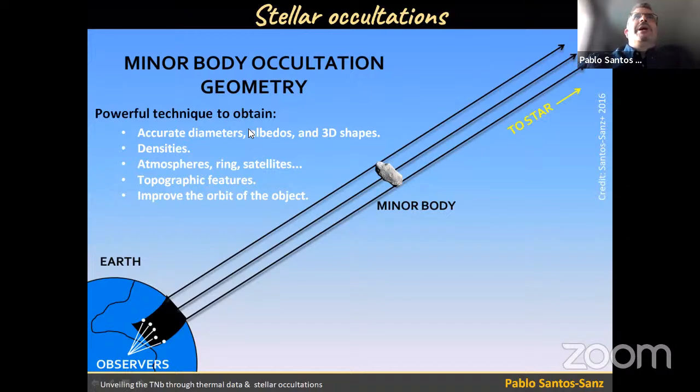But if we predict and observe it, we can see here the star, the body, and then observers on Earth in the shadow path. We can obtain very accurate diameters, albedos, and 3D shapes, also densities if we have the mass of the object. We can detect and characterize atmospheres, rings, satellites, also topographic features. We can improve the orbit of the object. Also, we can obtain information about the occulted star.